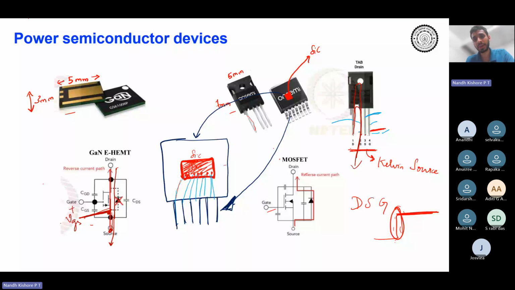Both of them are shorted only. Only during the transient are we talking about. So during transient, if you are able to avoid some inductance in the loop, then the dynamics may be better. That is why we try to have this Kelvin source. Physically you can see that this Kelvin source is much nearer to the gate compared to this source, right? So this answers it.